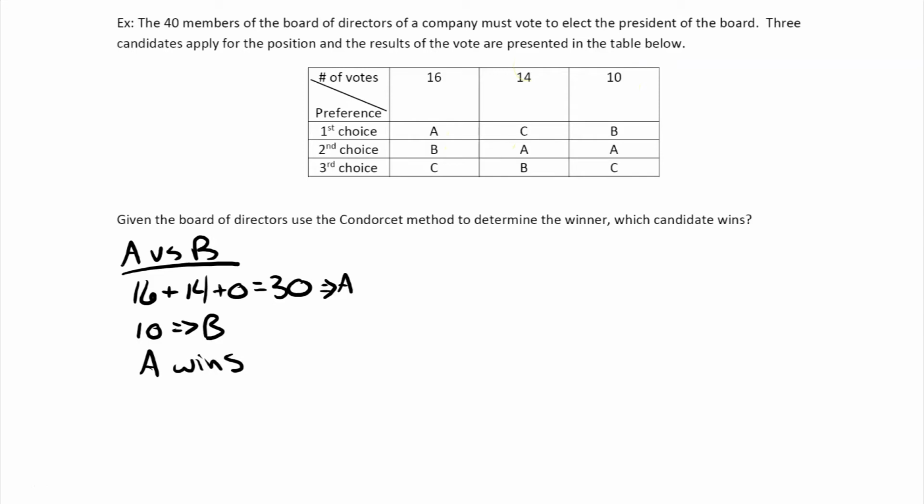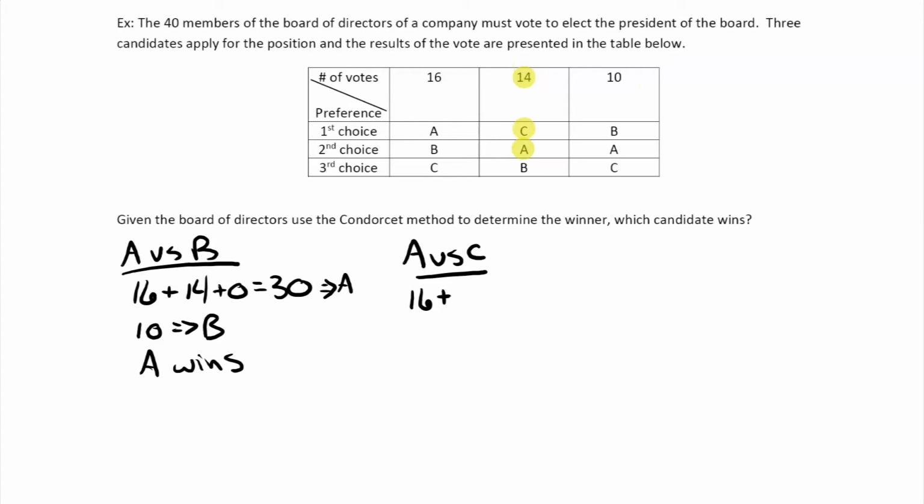Now let's move on to the next battle, A versus C. Using that same approach, in the first column, we've got 16 voters. They ranked A first and C third, so clearly they prefer A to C. So there are again 16 votes that go to A. In the second column, we've got 14 voters, but these ones put C first and A second.